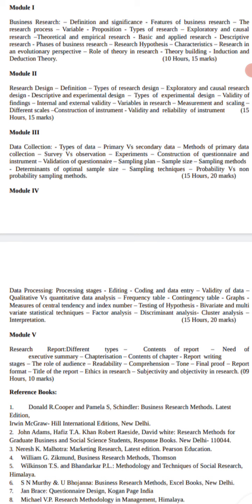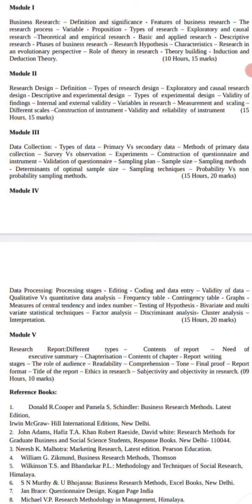So when we go through the first module, we have business research, its definition and significance, features of business research, the research process, variable, proposition, types of research, exploratory and causal research, theoretical and empirical research, basic and applied research, descriptive research, phases of business research, research hypothesis, characteristics, research in an evolutionary perspective, role of theory in a research, theory building, induction and deduction theory.